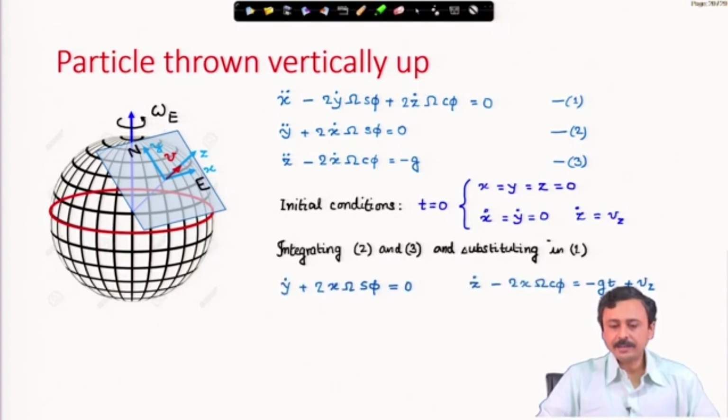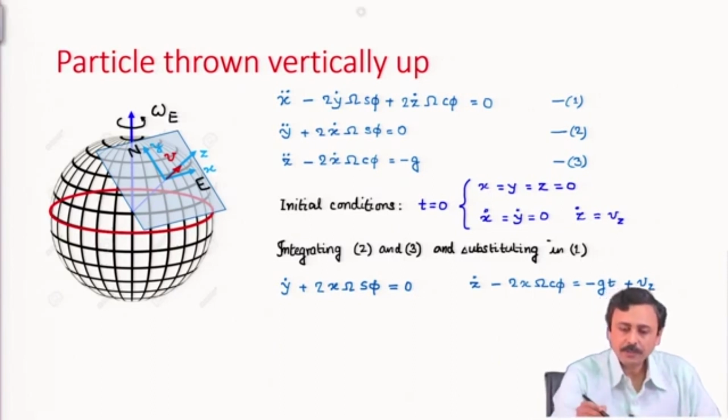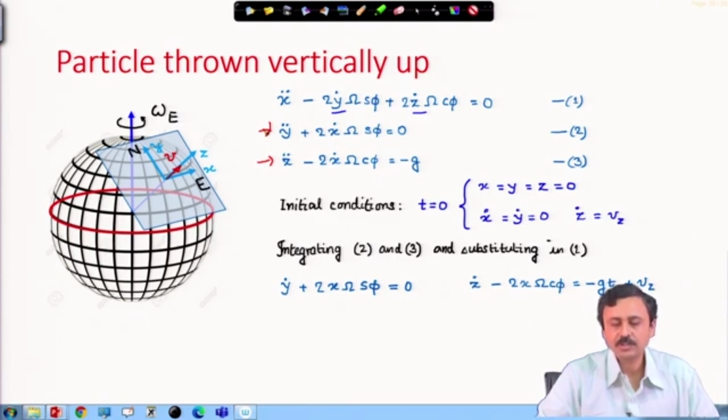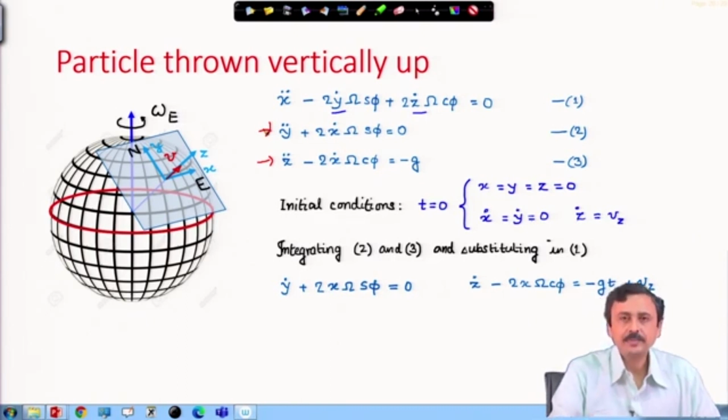Now, if I integrate equations 2 and 3 and substitute in 1, what am I doing? In 1 I need y dot and z dot. What I do is I integrate these 2 equations once with respect to time, and that can be integrated because I have this phi as constant, omega, these things are all constants.